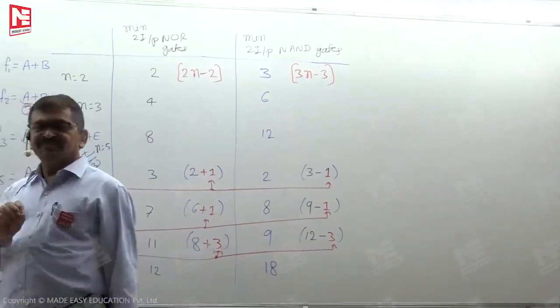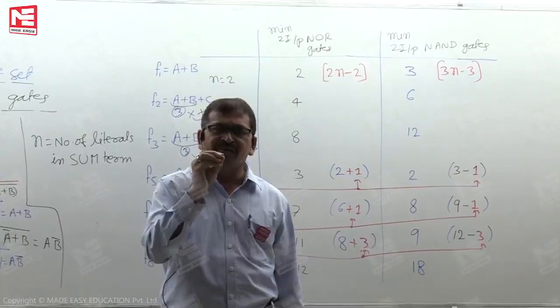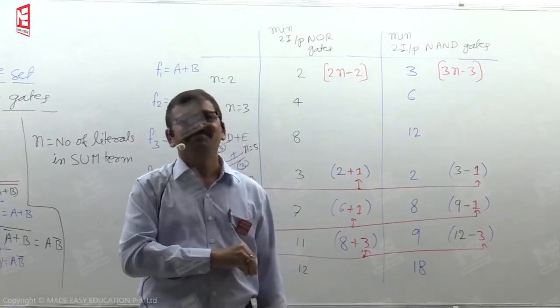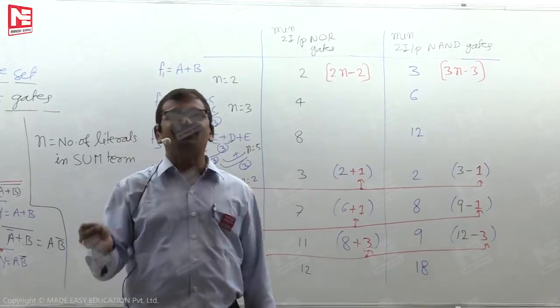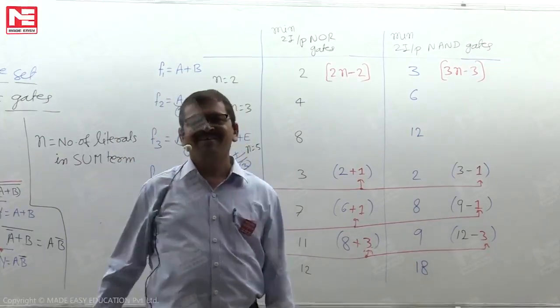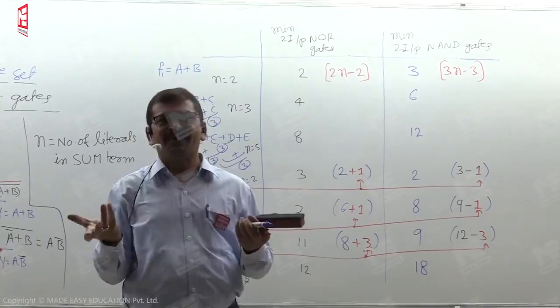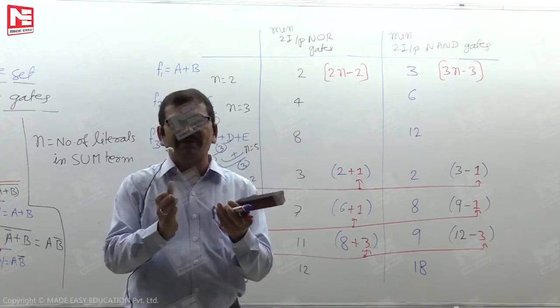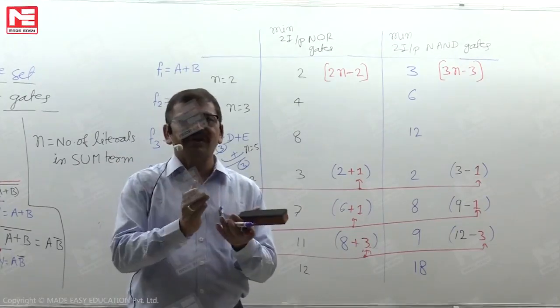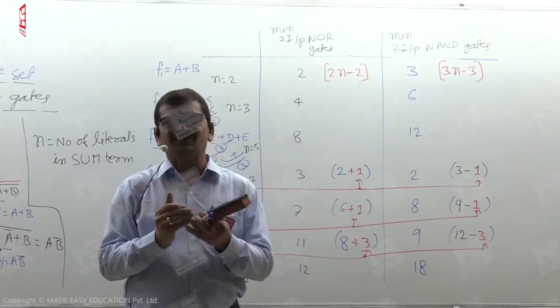So the thing is, when we are talking about the product terms, products are very closely related with the NANDs. When we are talking about the sum terms, they are closely related with the NOR. So when they are closely related, the formula will be the same, 2n minus 2. When we implement the product with the NAND, closely related, we said NAND and product term, so 2n minus 2.